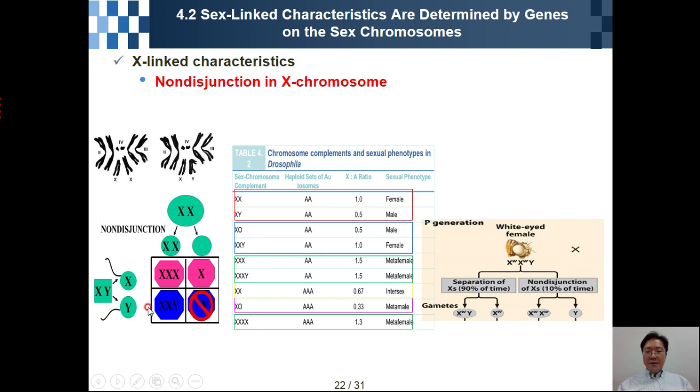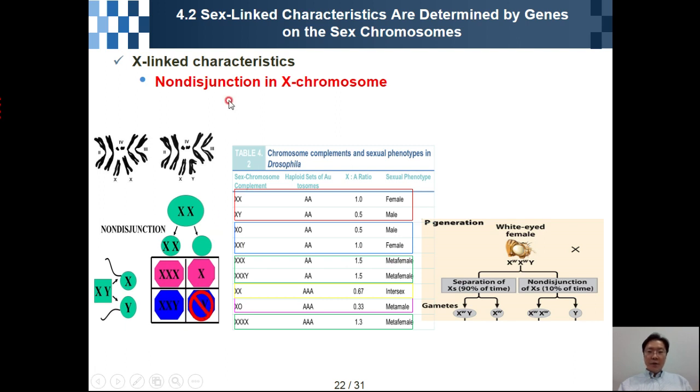How about these cases? When this one and this one are fertilized, they will make XXY, so XXY will make a female. How about this one? This one and this one are fertilized and they will make Y, so Y cannot survive.